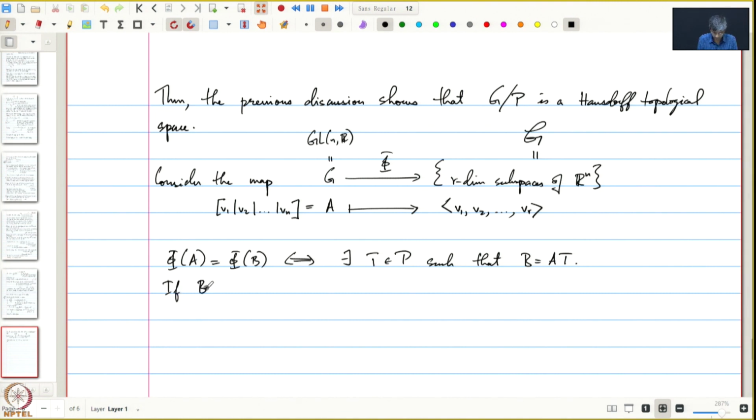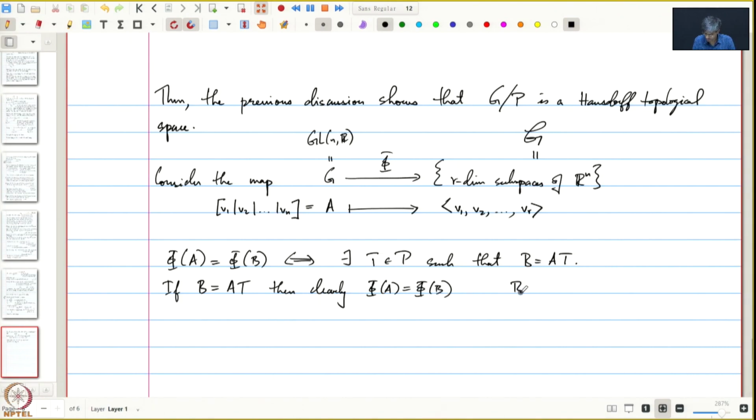If we take two matrices A and B such that B is equal to A times T, then clearly phi of A is equal to phi of B.